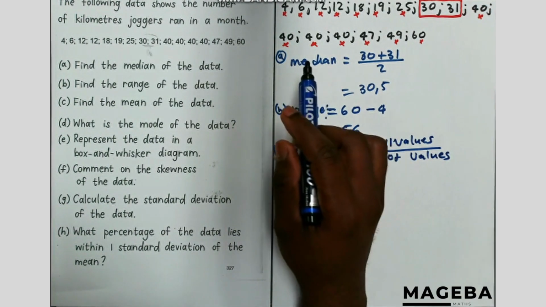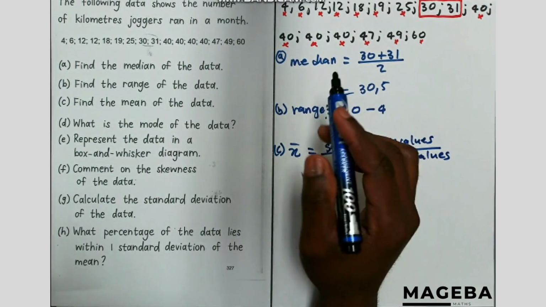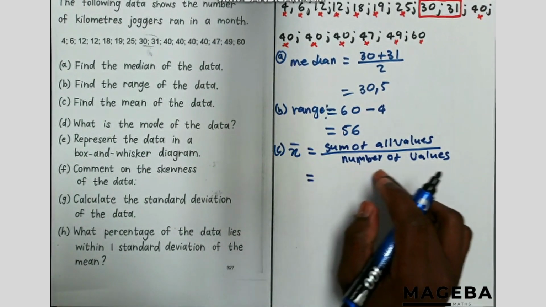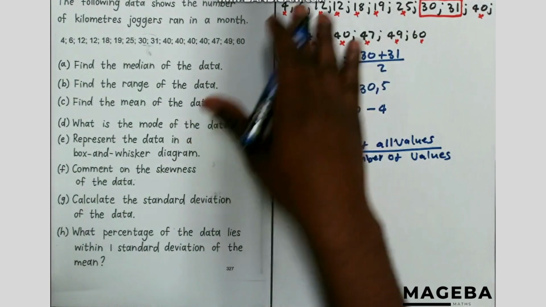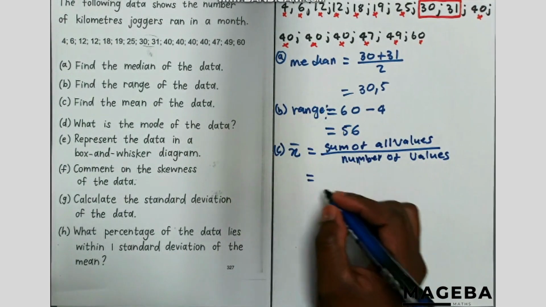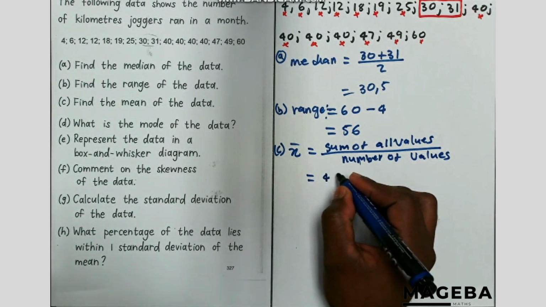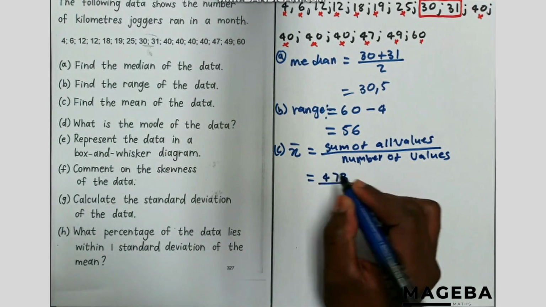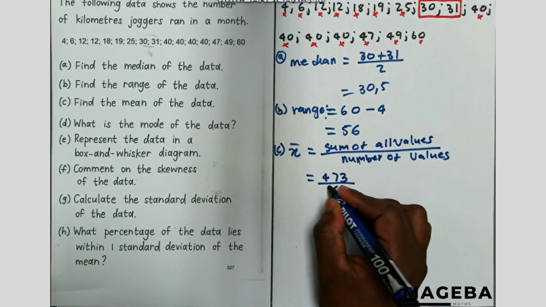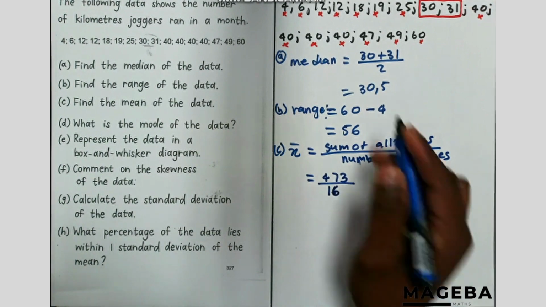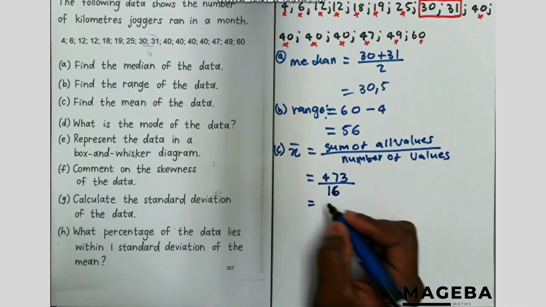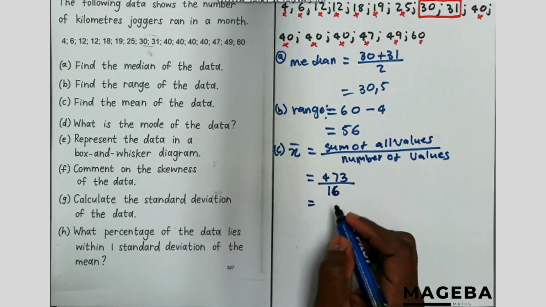So if I add all these values, guys, I'm not going to write out every number here, but I did add them. You can also pause the video and add the numbers. If I add them, I found the answer 473, and if I count how many numbers I have, there are 16 of them. So guys, pause the video and add all these values. We're going to get 473, and if you count each of them, there are 16 numbers.